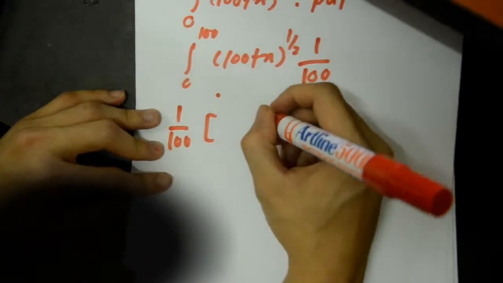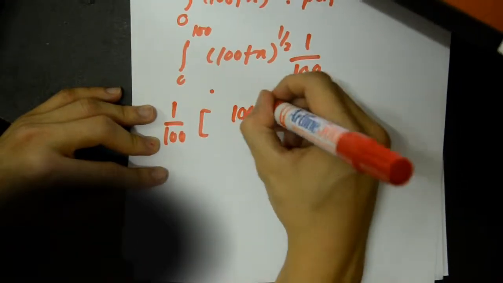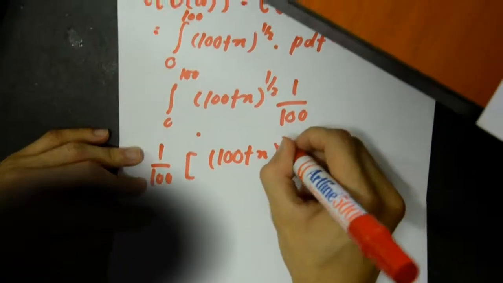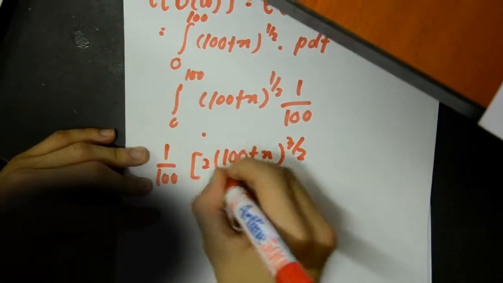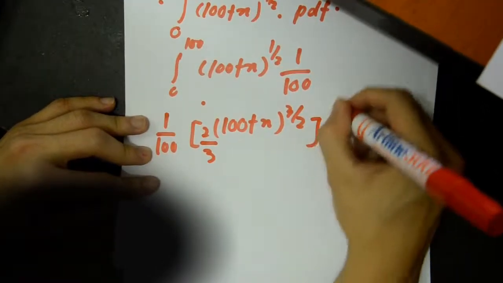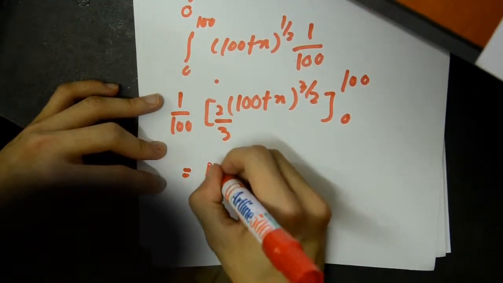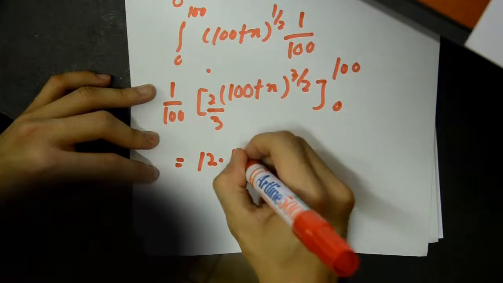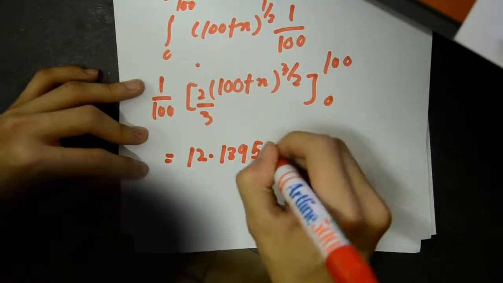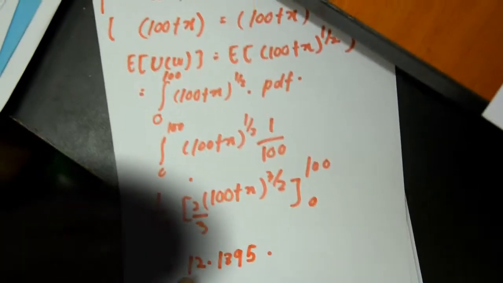You solve for this, you will have (100 plus x) to the power of 3/2 times 2/3. So solving this equation, you will get 12.1895. So this is for option 1.